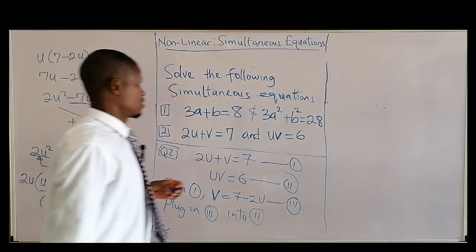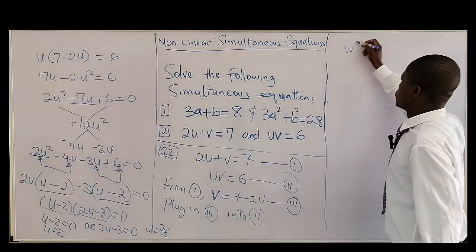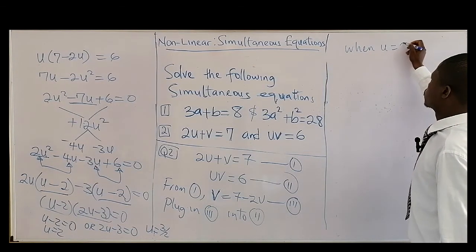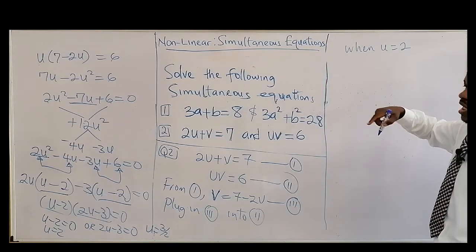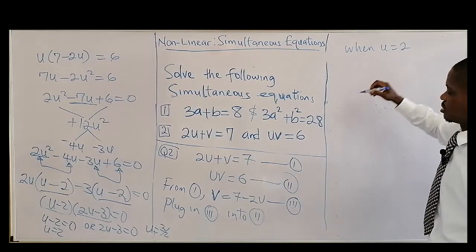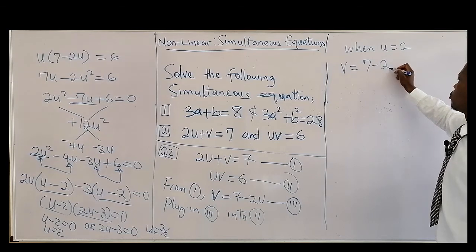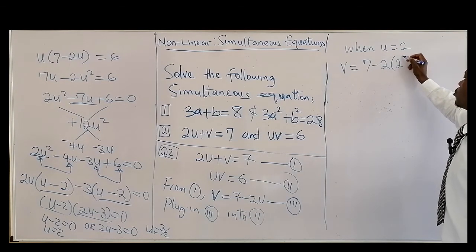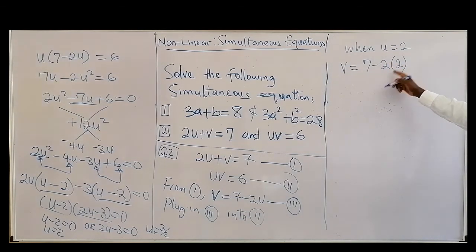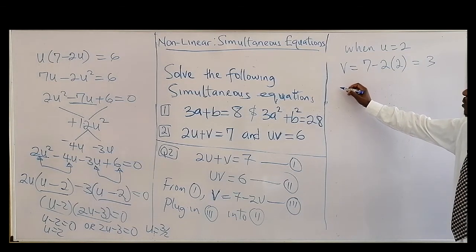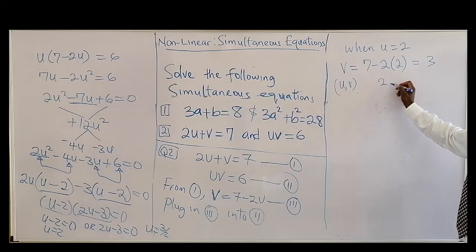When u is equal to 2, let's go to the v expression. v is 7 minus 2u, and u is 2, so that's 7 minus 2 times 2, which gives us 3. That gives us the uv coordinates (2, 3).